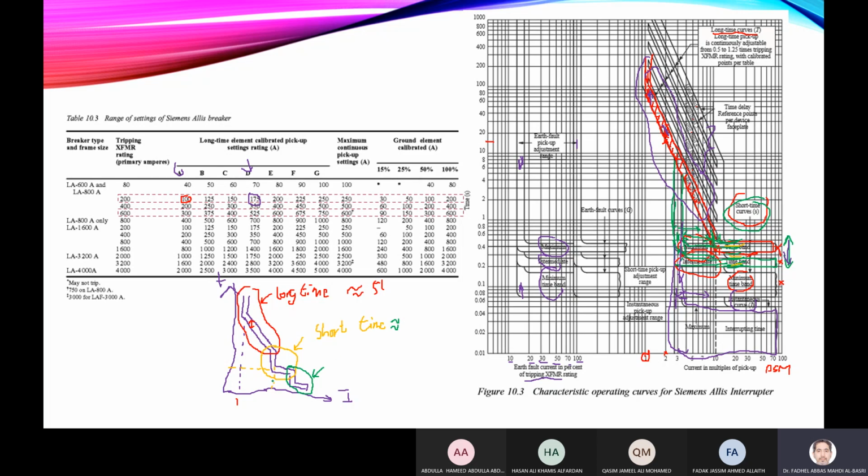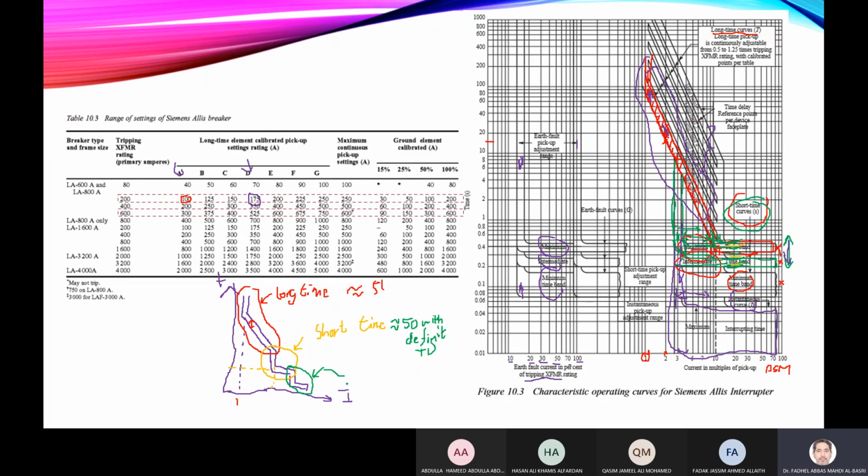This is the instantaneous level, and this is definite time. So this is also like a 50 element, but with definite time delay.